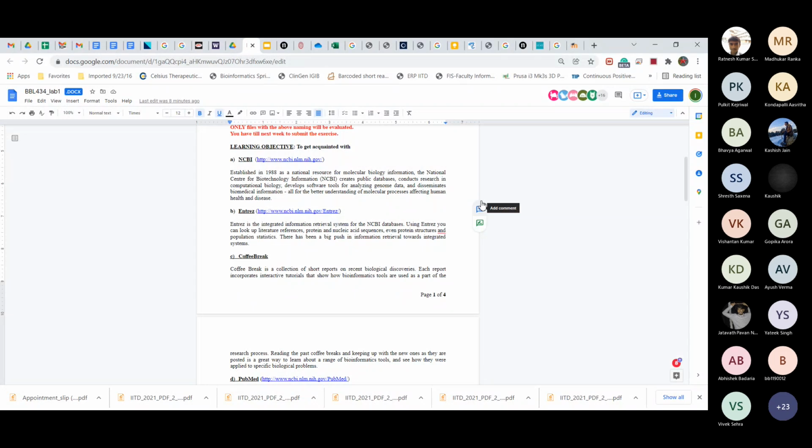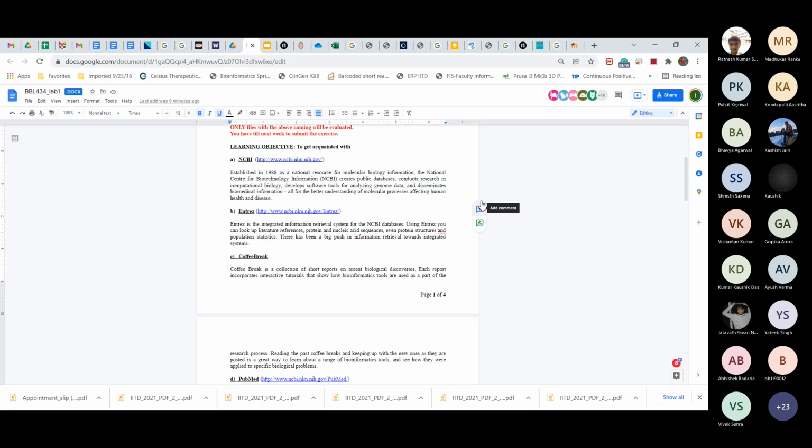It hosts a lot of public databases and conducts research in computational biology. A lot of software tools are available through NCBI, as we will be seeing during the course in various laboratories. And a lot of these tools work to understand molecular processes that affect human health and disease, and also look generally at all the other organisms out there.